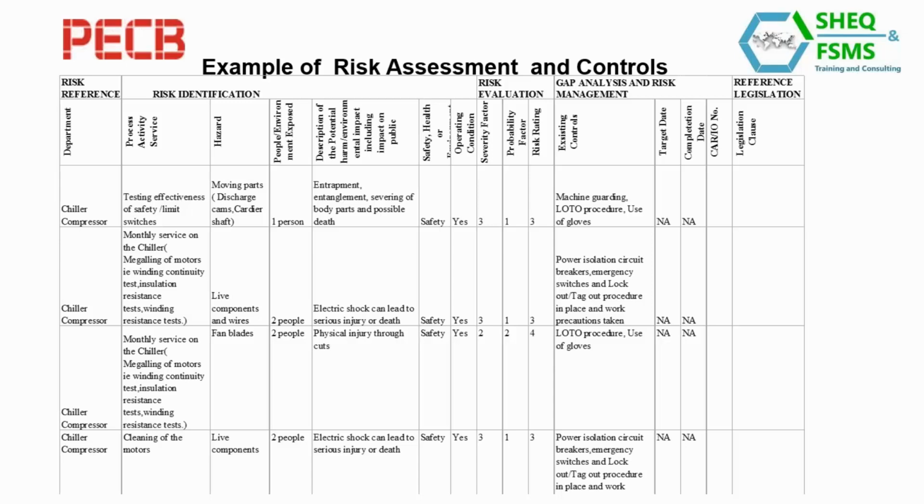The operating condition is machine working, and the severity factor there is 3 if you use the risk matrix of numbers. The probability of it occurring may be 1, and so the risk rating is 3. Existing controls: power isolation circuit breakers, emergency switches, and lockout tagout procedure in place.